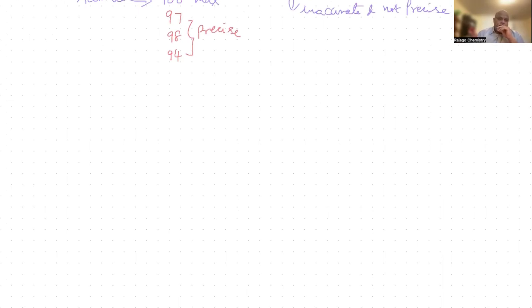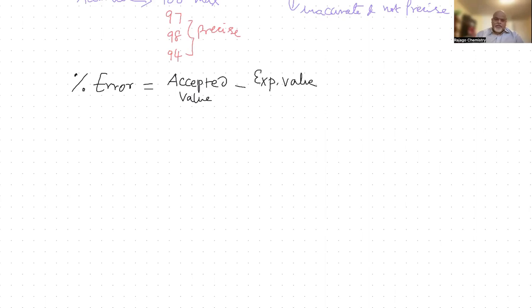Now, commonly in lab, we use two things. One is called the percent error. How to calculate percent error? The percent error can be calculated using accepted value minus experimental value, divided by the accepted value. I'm going to write AV and EV from now on.